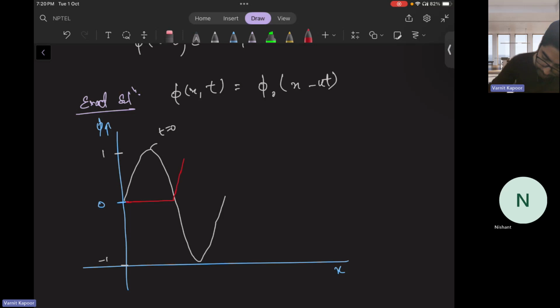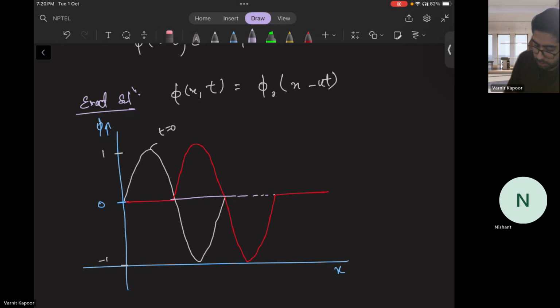This is your equation, and this much is ut.